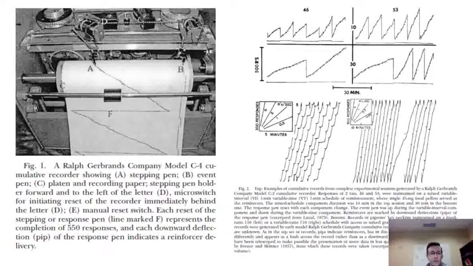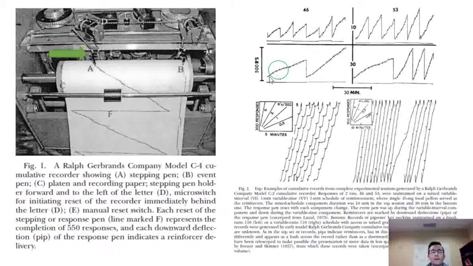First, with each response of the organism, a pen stepped vertically across a roll of paper. That's what you can see here, indicated by the green arrow. You see a pen here, and the pen is marking the paper as the paper rolls out with the passage of time. Second, the pen pipped, or moved downward or deflected horizontally, and appeared as a hash with each reinforcer delivery.